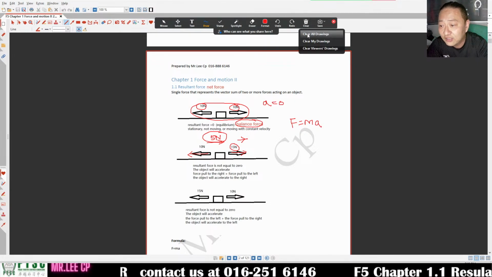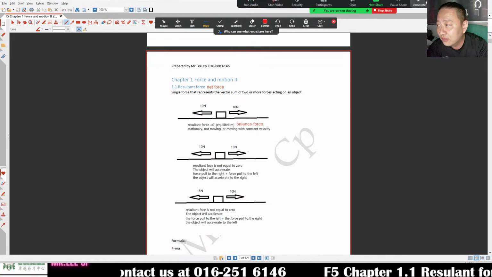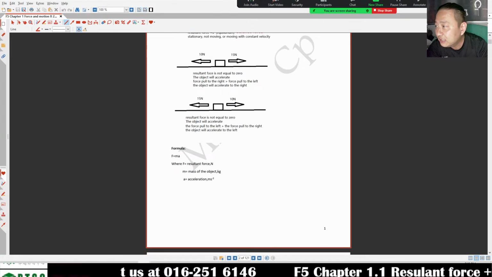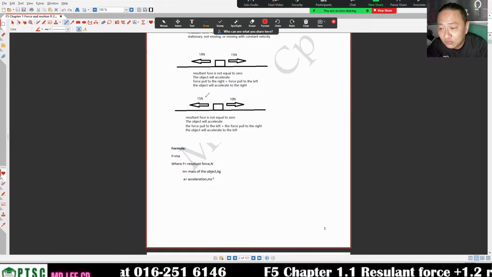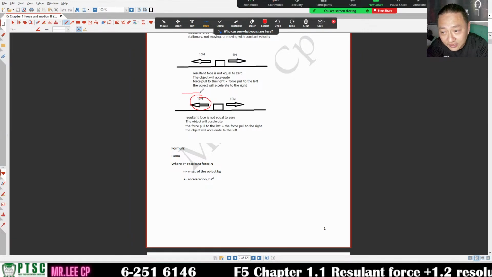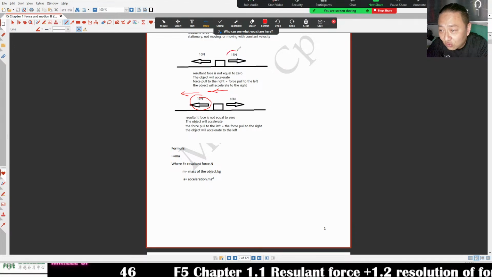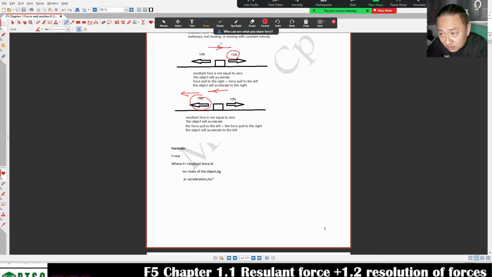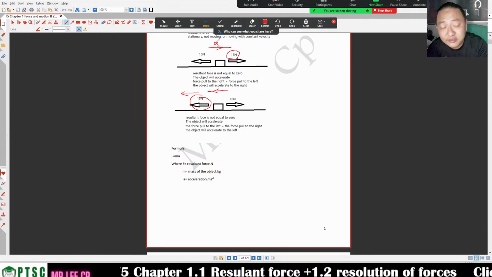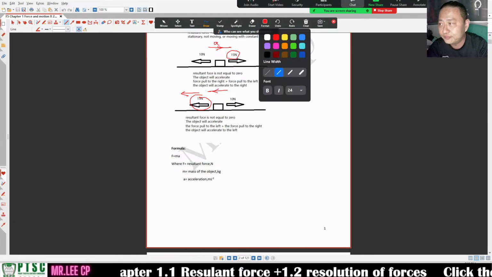This is what we learned last week. If you see here, the force is greater, then it will accelerate to this side. If this force is greater, it will accelerate to the right hand side.